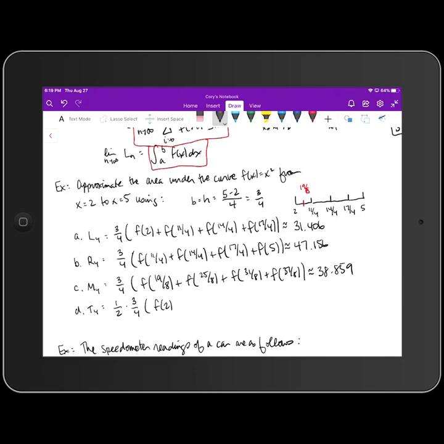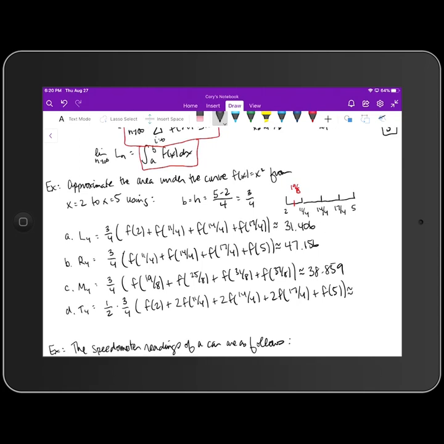We're going to use the interior bases twice. So it's going to be f of 2 plus 2 times f of 11 over 4 plus 2 times f of 14 over 4 plus 2 times f of 17 over 4, and then we use the last base once, plus f of 5. And then when you evaluate that and approximate that on your calculator, we get 39.281.